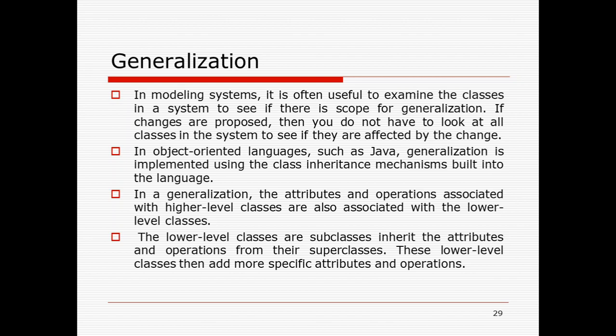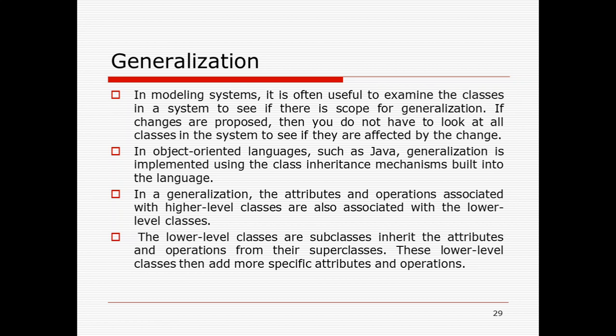This is mainly useful because if some changes have to be made, then instead of looking through every specific class, the common attribute can be changed in the generalized class. So it makes changes easier in the program. In object-oriented languages like Java, generalization is implemented using the inheritance mechanism, which is built into the language.